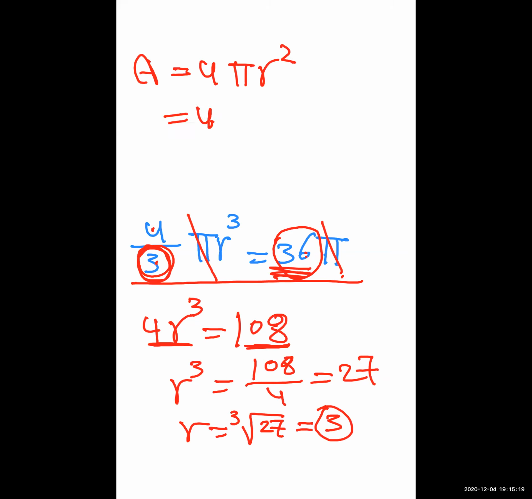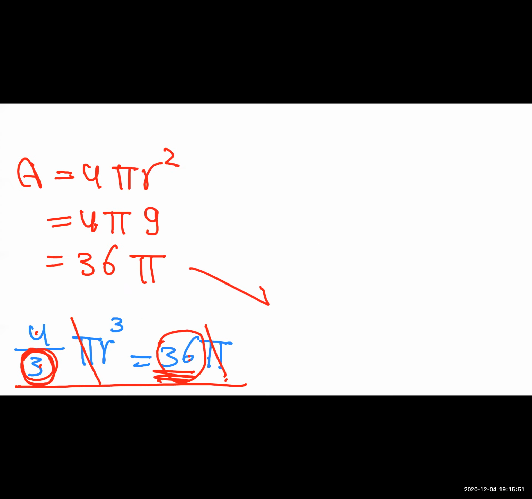So 4π times r equals 3, so 9, so it will equal 36π. This is the area of the sphere. Okay, guys, is it clear? Please turn over the page so that we will solve the next question 4.